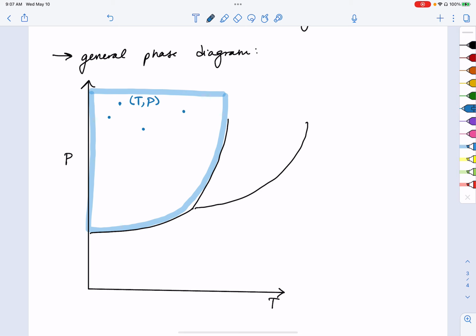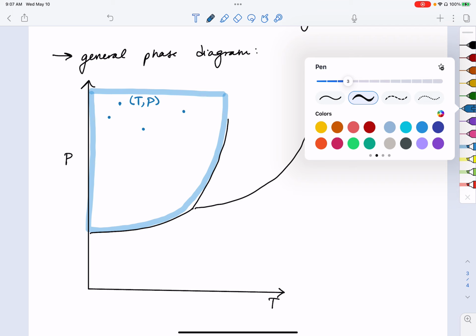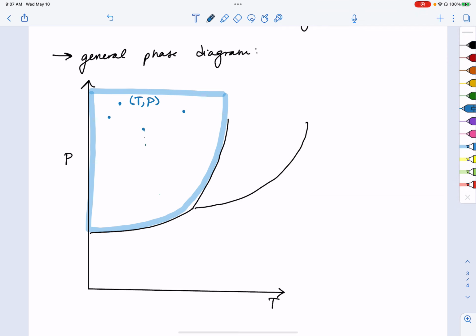I could put any point here, and it would be associated with some temperature and some pressure. So you can imagine I've got a bunch of different temperature and pressure points graphically posted here. Let's ask ourselves what kind of phase is most likely to exist at mid to high pressures and, looking at our temperatures, low to mid temperatures.